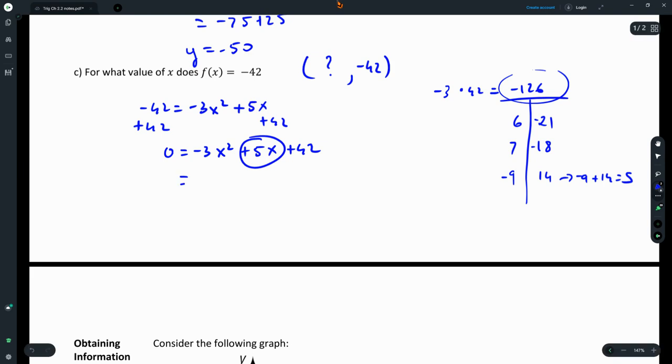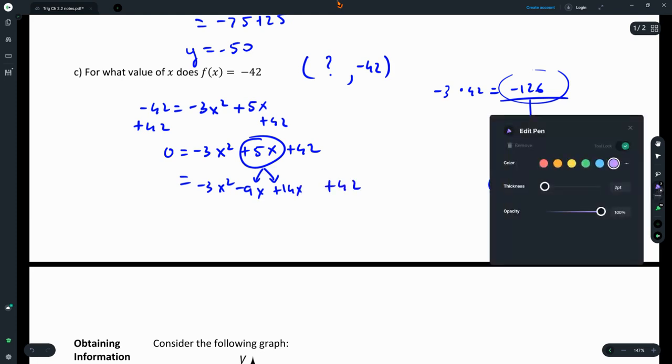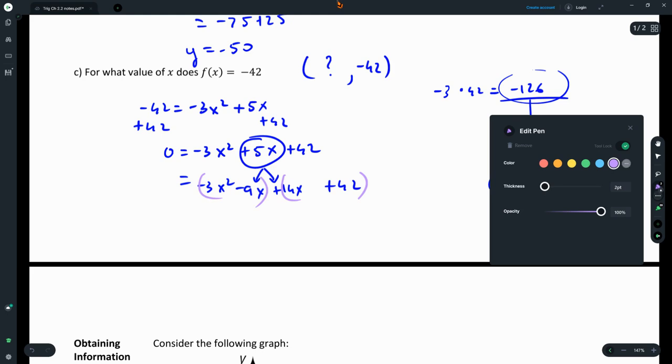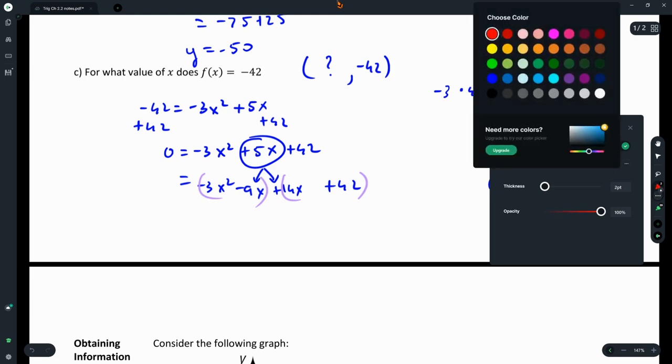So I factor that, negative 3x squared. This term becomes these guys over here, negative 9x and positive 14x plus 42. And then I'm going to factor those out. Factor the greatest common factor. Okay.